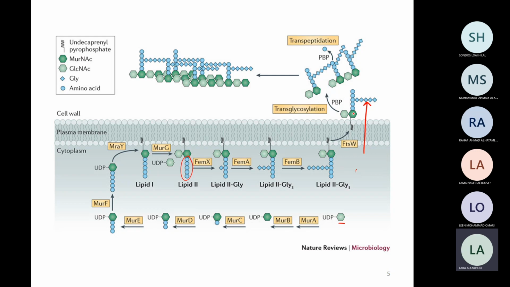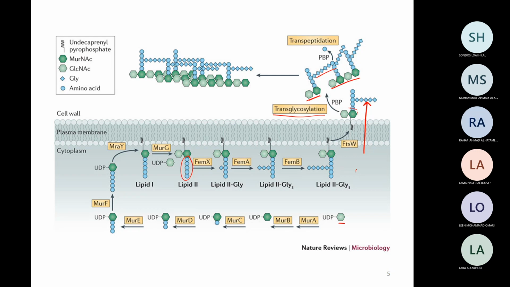In other words, we have linkage between the sugar parts, a process we call transglycosylation, and cross-linking between the peptide stems and bridges. This also happens outside. That means the monomers of the peptidoglycan are synthesized inside the cell, then transported to the exterior, and there the linkage and polymerization of the glycan part and the peptide part happens outside of the cell.